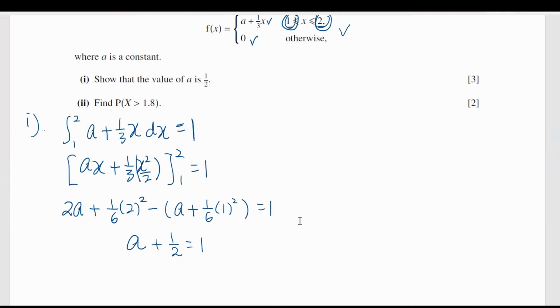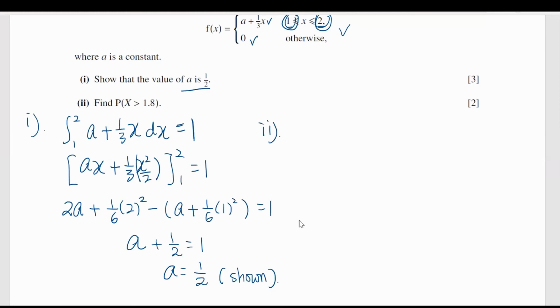So finally, the value of a equals 1 minus half, which equals half. So we have shown that a equals half. Okay, part 1 done.